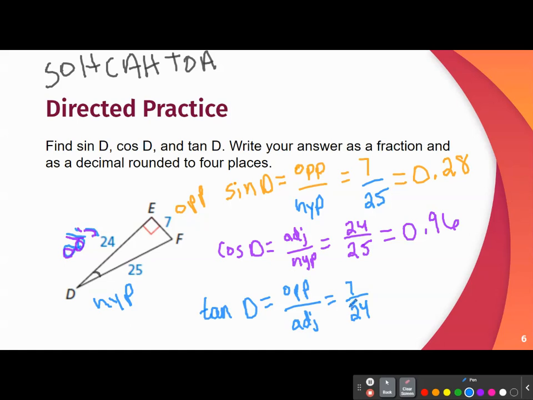And Maddie, what would that be to 4 decimal places? 0.2... or 0.2? Okay. And what number's behind that 6? Perfect. So it'll be 0.2917.